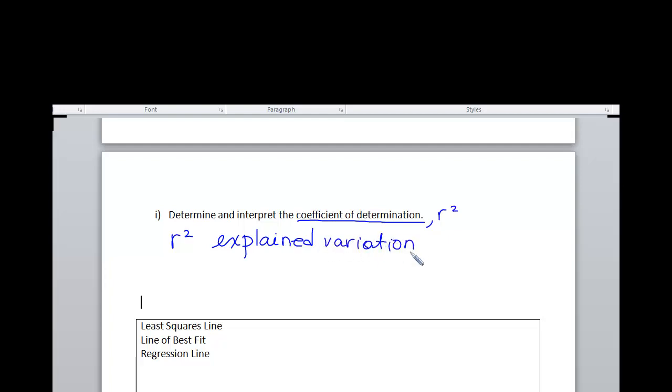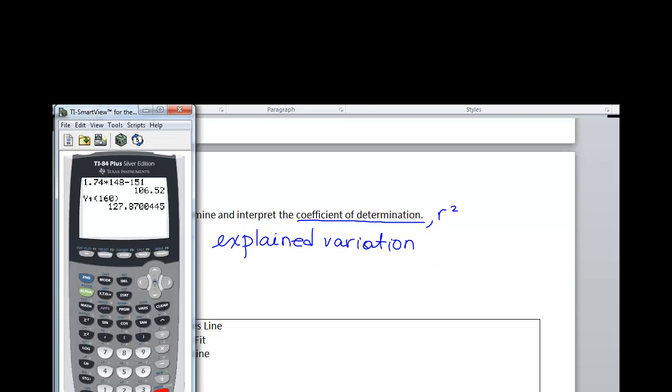And it actually is r, the linear correlation coefficient, squared. Okay, so if you know the linear correlation coefficient, you can find the coefficient of determination or the explained variation simply by squaring r.